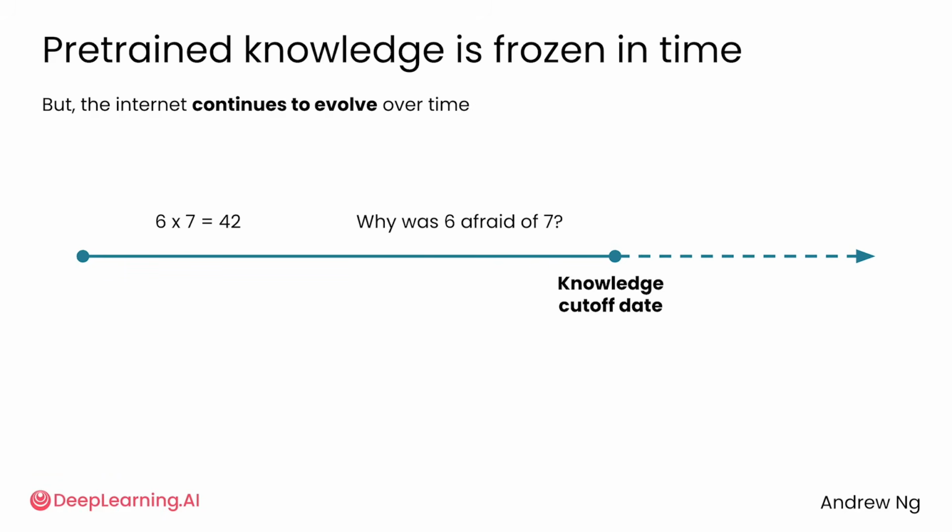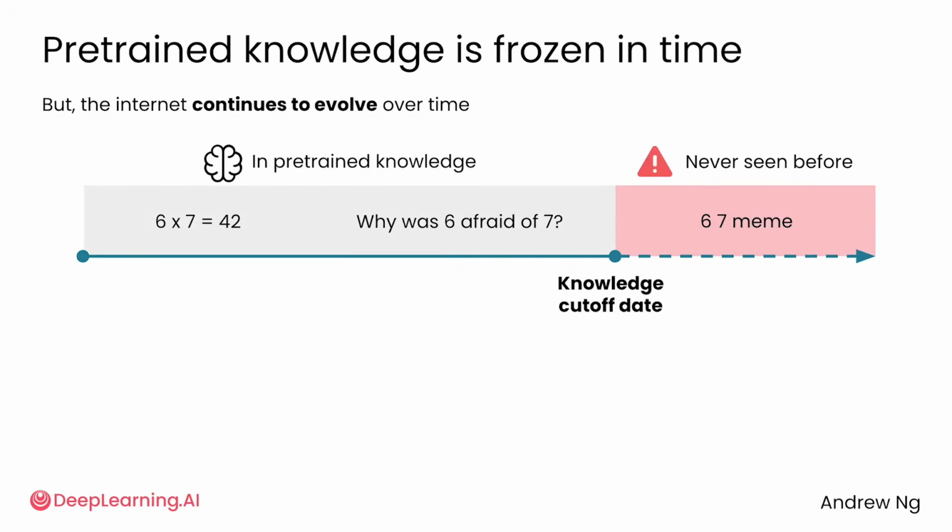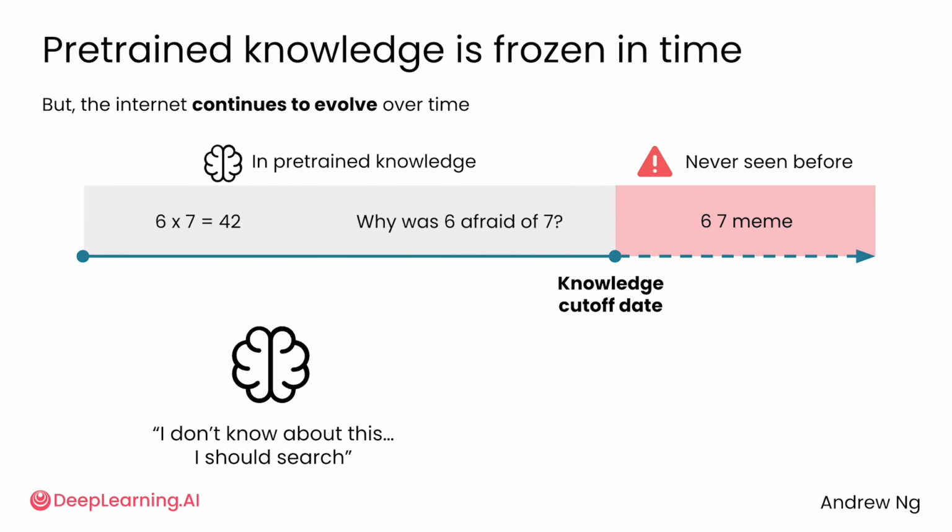But if the knowledge cutoff date was at a certain moment in time, and the 6-7 meme came after that, then the 6-7 meme would not have been seen in the pre-trained knowledge of the AI model. So if you ask it, what is the 6-7 meme from 2025? The AI model will realize that it doesn't know about this 6-7 meme from 2025 and that it should do a web search in order to get more updated information.